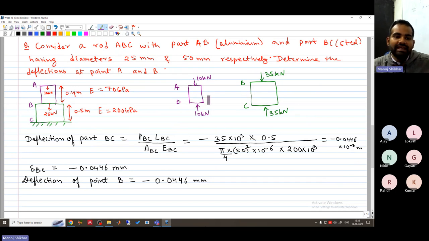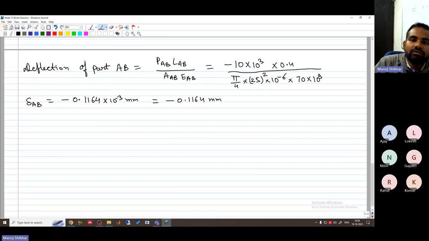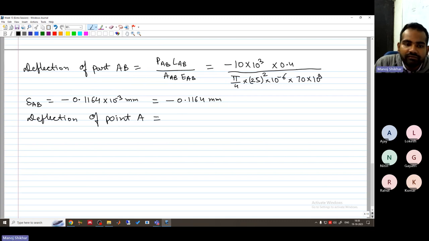The amount B has moved plus the amount AB has deflected, because in this case, both the beams are getting contracted. So that's why the total deflection of A will be... I would have used vector also, but I don't know if that will confuse you all.